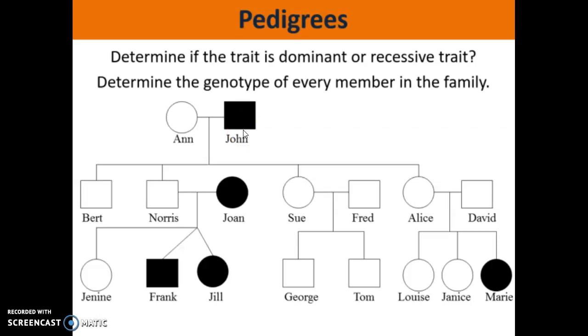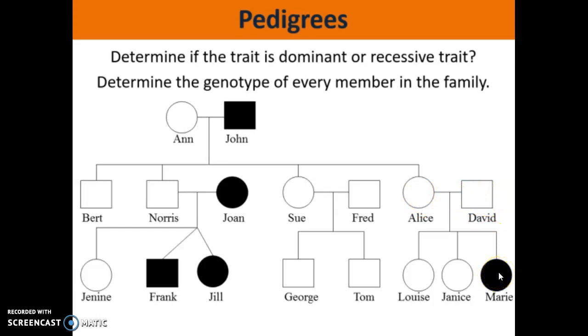The first thing that we need to figure out is whether being lame is a dominant or recessive trait. The clue that we want to look for here lies with David and Alice. Here these two people are not lame. In fact, they're awesome. However, much to their surprise, these two awesome parents have a lame daughter, Marie.